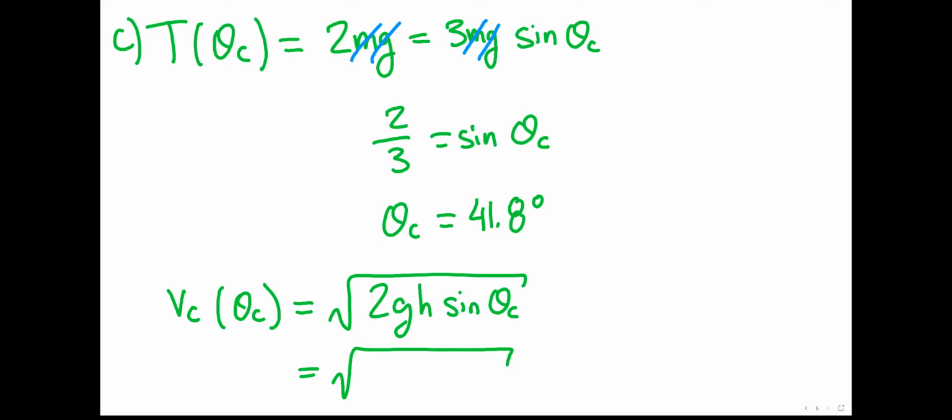And that's why they were able to get 4 over 3 gh. So it would be 2gh times 2 over 3, and that's 4 over 3 gh. So part C, as long as you're okay with that, is done.